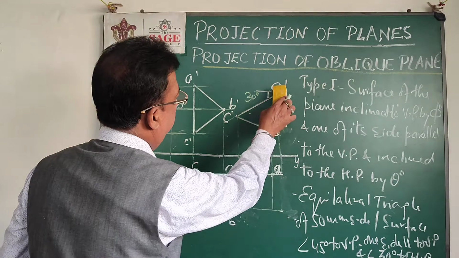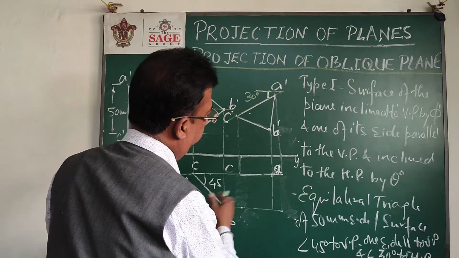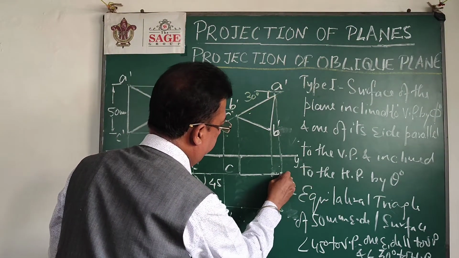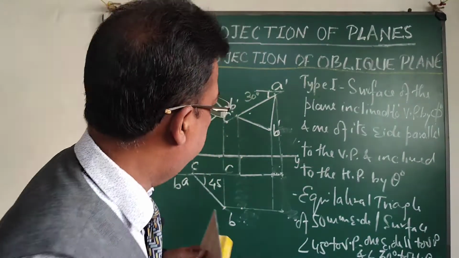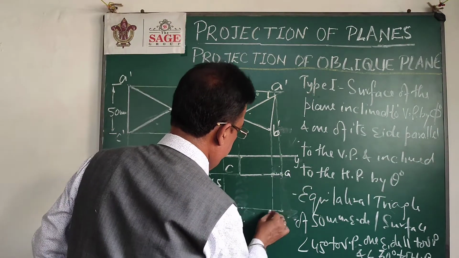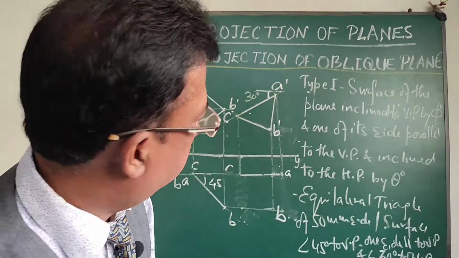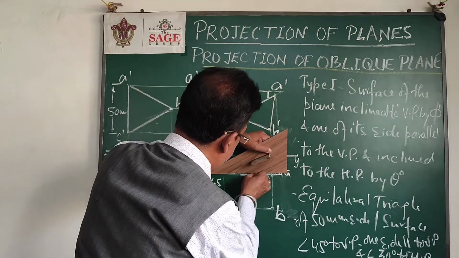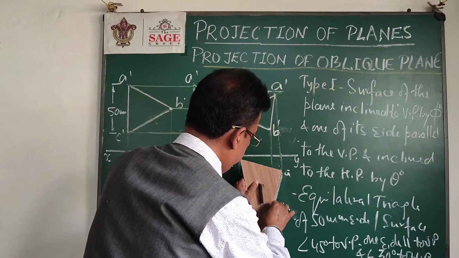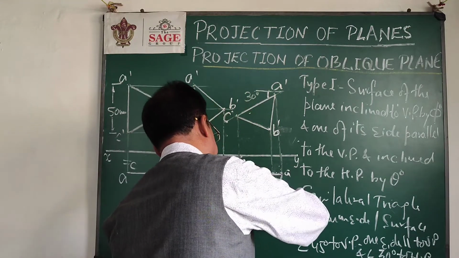So you can see this is A dash, so this extreme point will be the point A, and this point will be point B. Now it will be correct. Now you can join easily these 3 points. The figure will be like this.